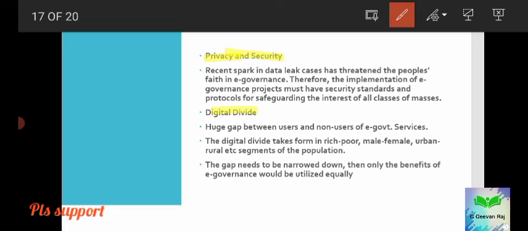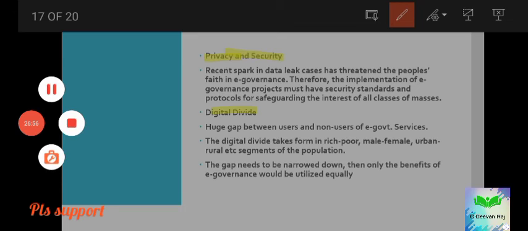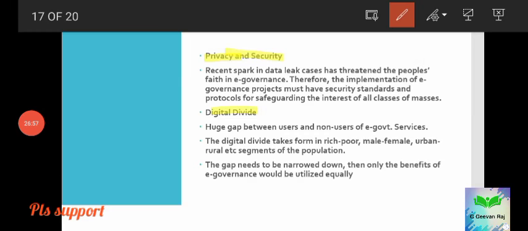So there is a huge digital divide existing in India. So only people with proper digital literacy and proper internet facilities can access e-governance services. In other words, the weaker sections of society like the poor, the women and the scheduled castes will be left behind. That is also a major problem.